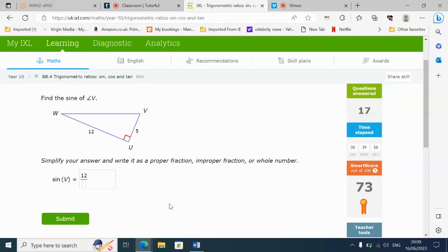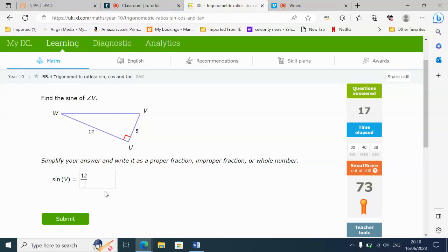So Pythagoras' theorem: a squared plus b squared equals c squared. a squared is the adjacent, which is 5 squared, and b squared is the opposite, 12 squared. So 5 squared is 25, and 12 squared is 144. 144 plus 25 is 169.